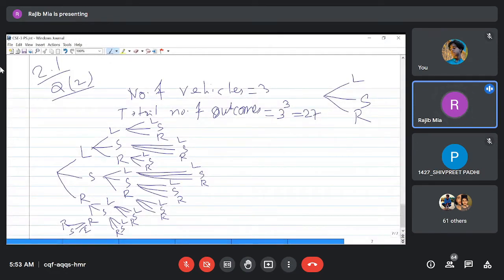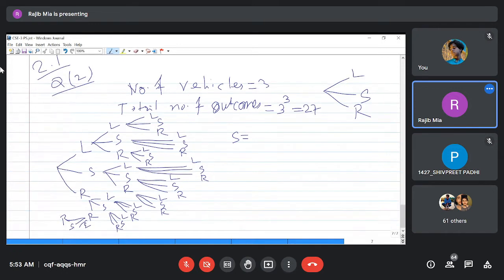So the set of all outcomes, that is the sample space S, you can write from here. First is LLL, then LLS, then LLR.